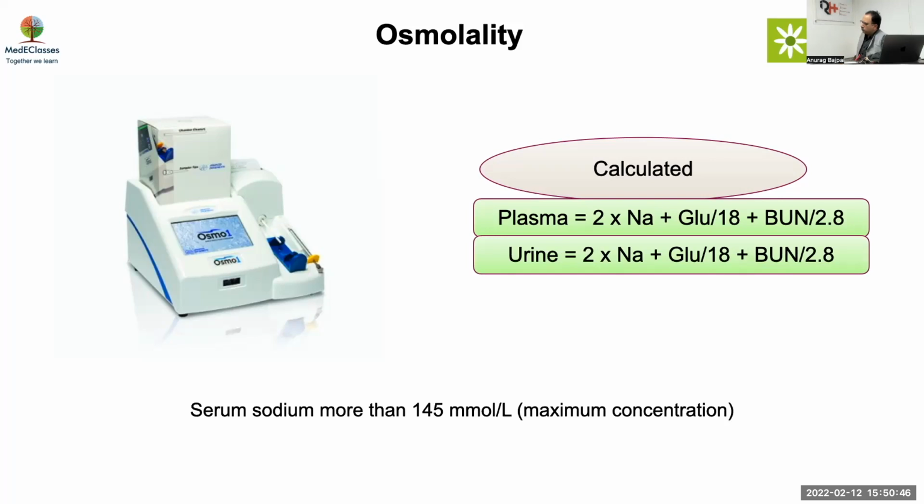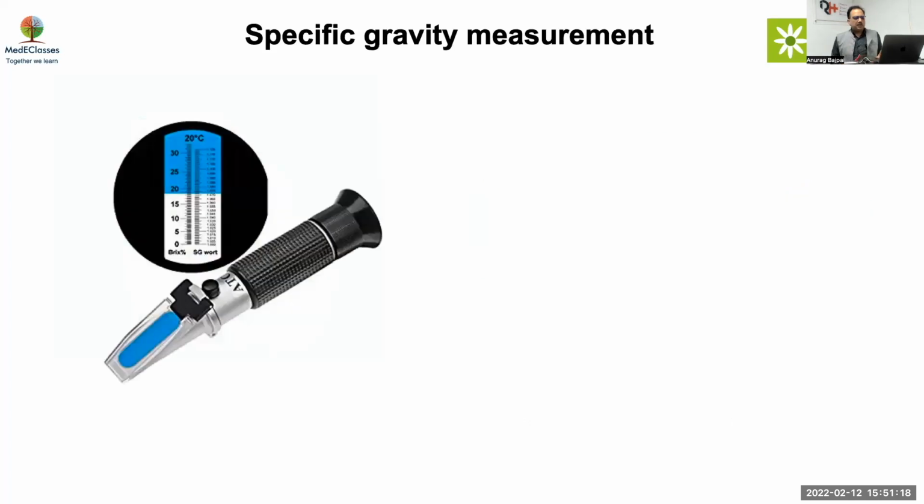So if your sodium is above 145, 146 and more, minimum it is around 300, because 292 is only because of sodium. Then out of glucose, you will already get about 300. So a serum sodium 146 or more means that you have got a good amount of concentration. At that point, your AVP should be maximum. So if you are not able to get your plasma osmolality, which is reliable, or it is taking time to come, look at serum sodium. That will give you a good clue in that regard.